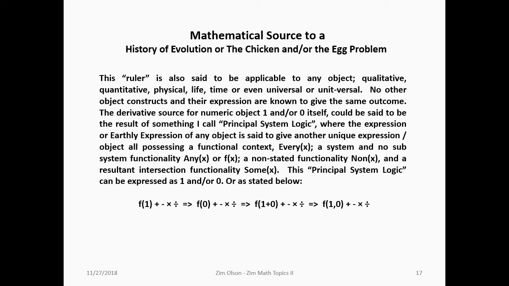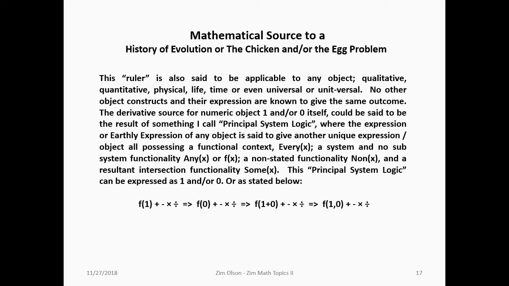The derivative source for a numeric object 1 and/or 0 itself could be said to be the result of something I call principal system logic, where expression or earthly expression of any object is said to give another unique expression object, all possessing a functional context: every x, a system and no system functionality, any x, or f of x, a non-stated functionality non-x, and a resultant intersection functionality sum of x.